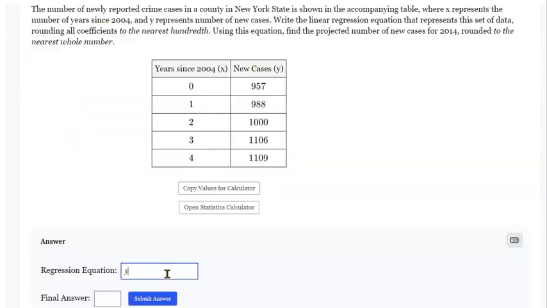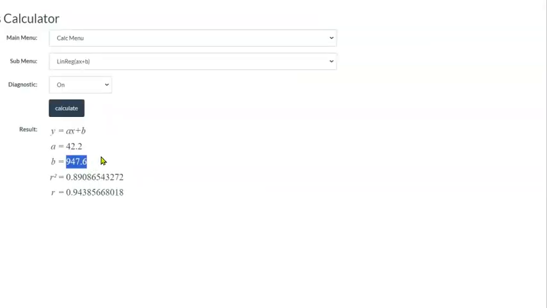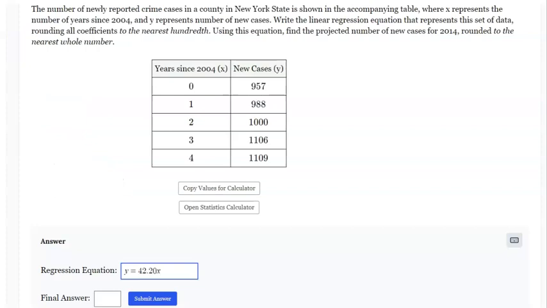So y equals 42.20x. That's the nearest 100th. And then this b value was 947.6. Was 947.60. Using this equation, find the projected number of new cases for 2014 rounded to the nearest whole number.